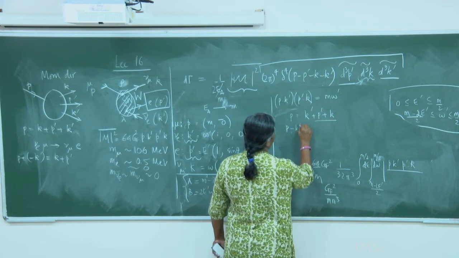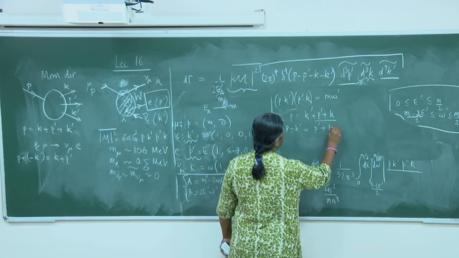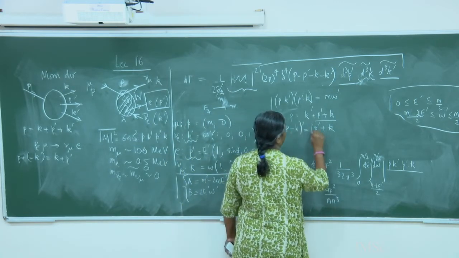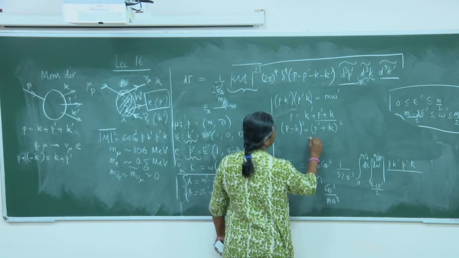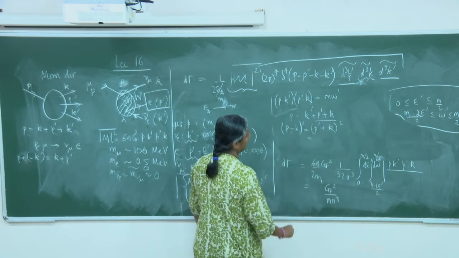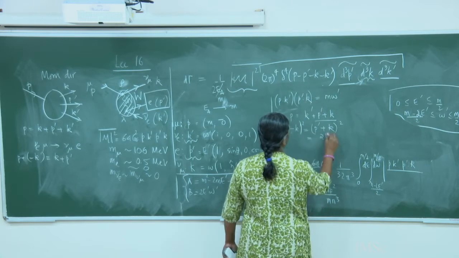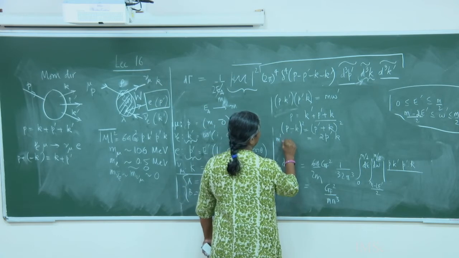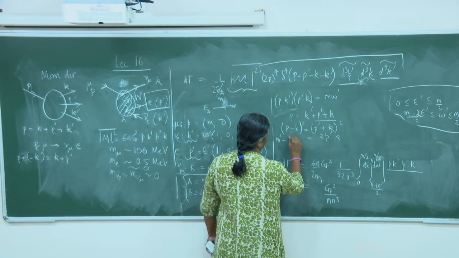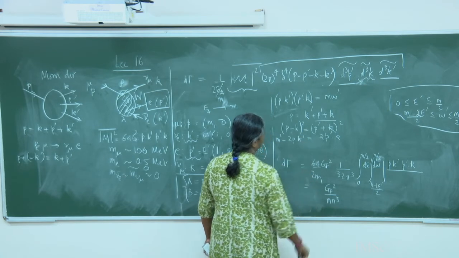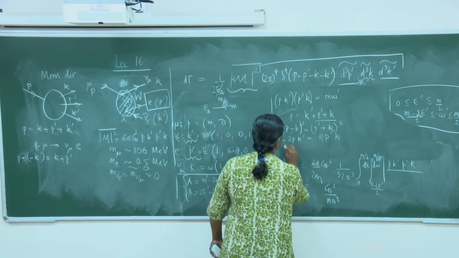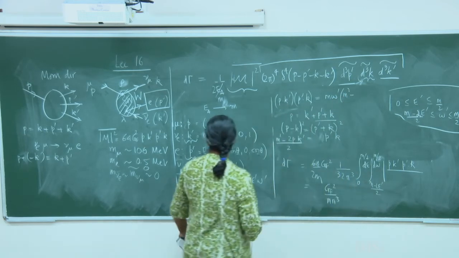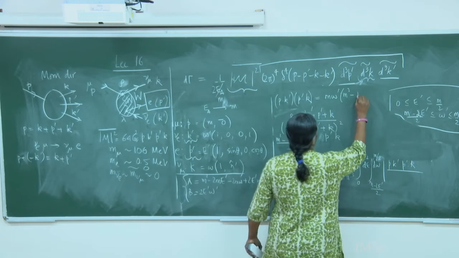I write this energy momentum conservation relation as this, and then I square both sides. And you can see that since p prime and k are both massless, this is simply the quantity that we require, 2p prime dot k. We will remove the 2 later. So this is equal to m squared minus 2p dot k prime. So p prime dot k is m squared minus, what was p dot k prime? M omega prime.